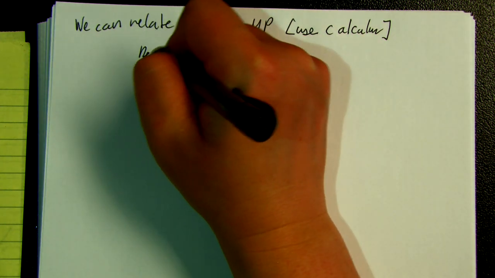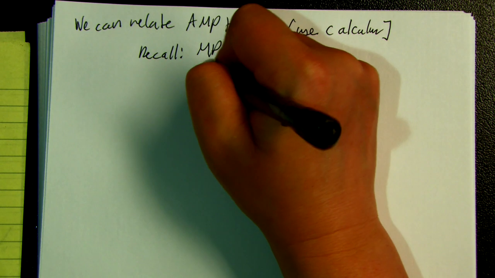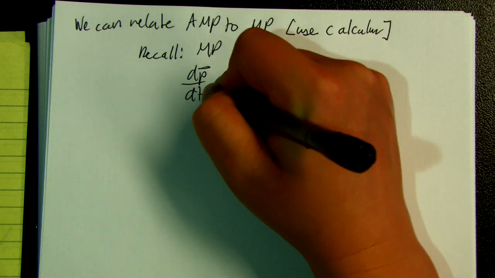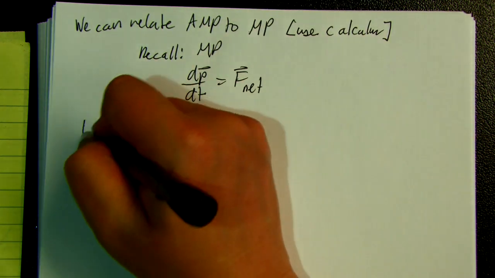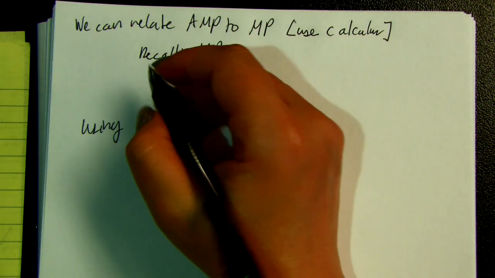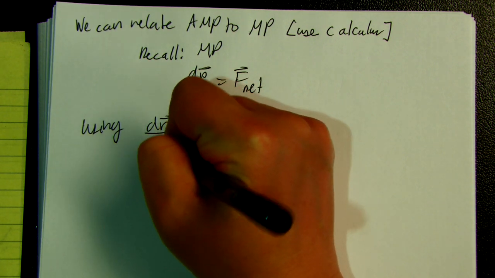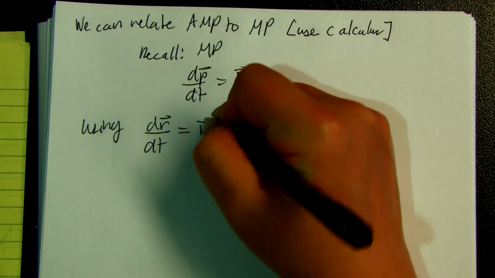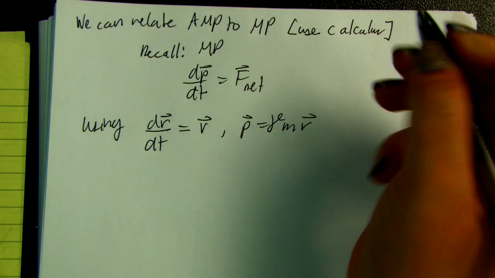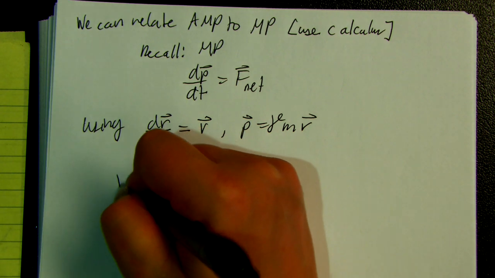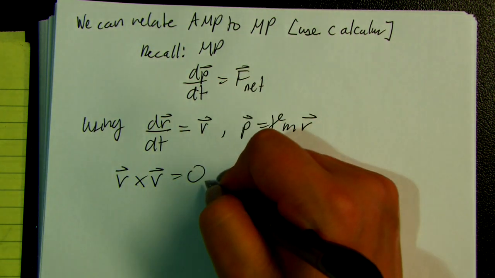So if you recall the momentum principle, the change in momentum with respect to time is equal to the net force applied. And using the change in position with respect to time being equal to velocity, and momentum being equal to gamma mv, we can also state that if you cross velocity with itself, that's equal to 0.